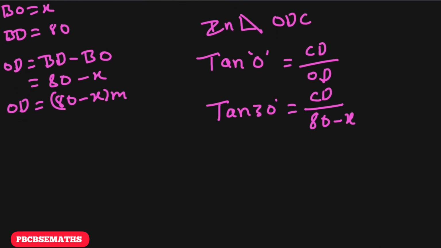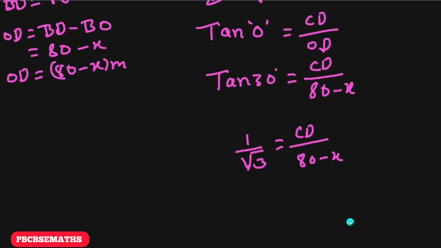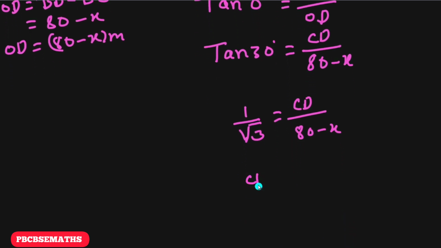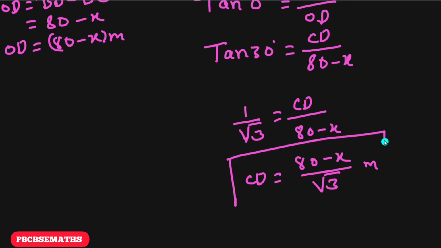Then we know that tan 30 degree is equal to 1 by root 3. So 1 by root 3 is equal to CD divided by 80 minus x meters. Then by doing cross multiplication, we can write CD is equal to 80 minus x divided by root 3 meters.